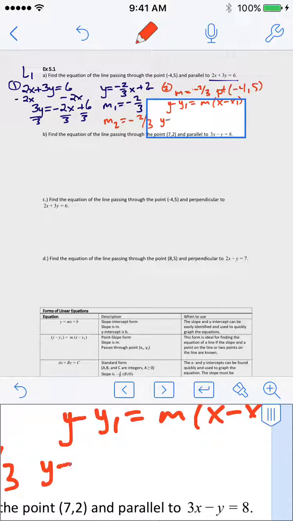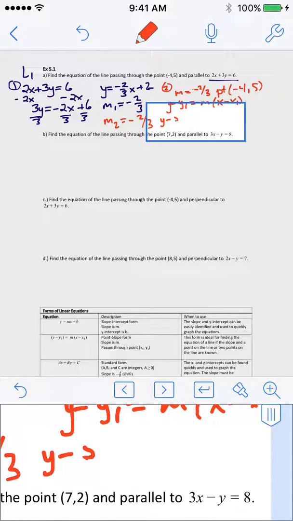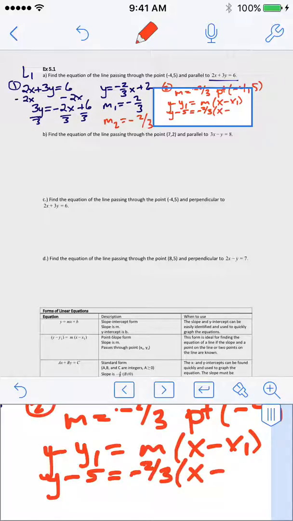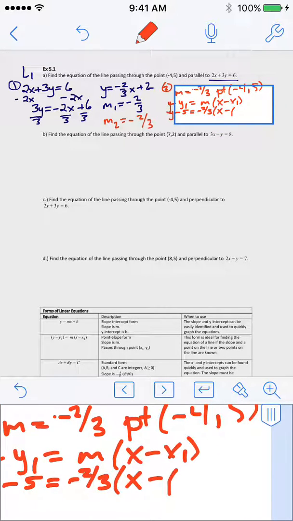So I've got y minus 5, since my y in the point was 5, is equal to the slope, negative 2/3, times x minus the first half of my point, negative 4, so minus a negative 4. Watch those double negatives.